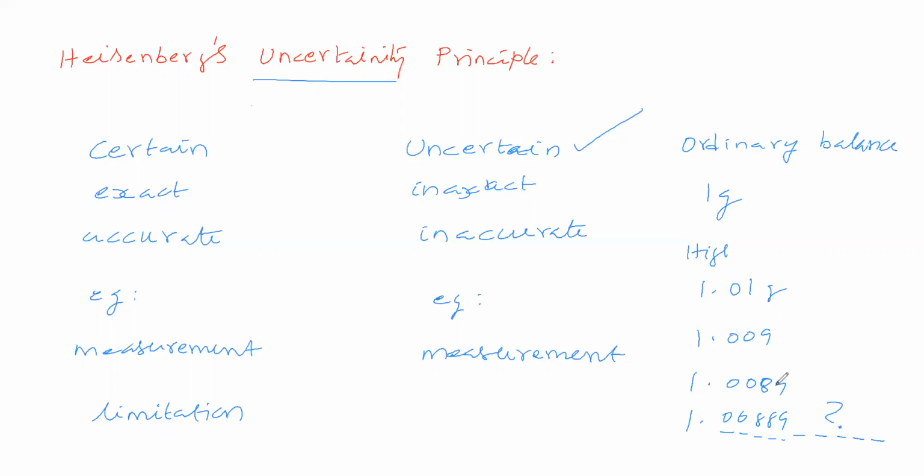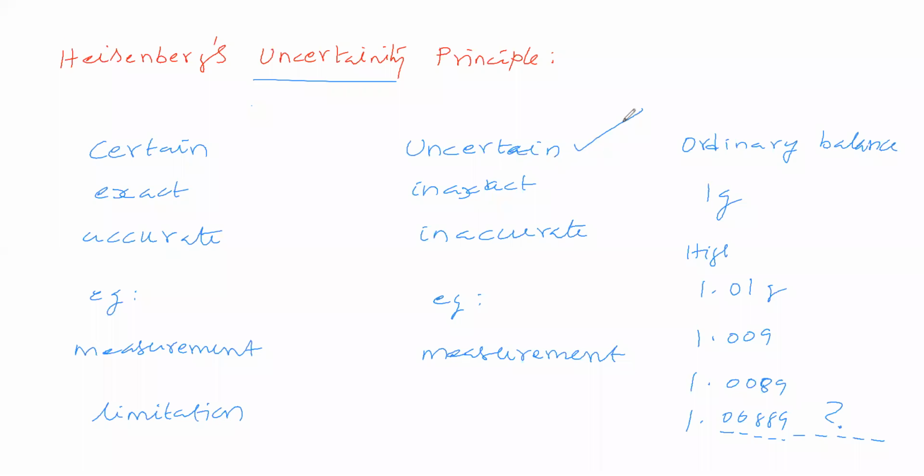Which balance will give an ending to this question mark? No balance will give an ending. It will end at infinity. At infinity means we do not know. That means whatever measurement we do has inaccuracy, that is, it has uncertainty.